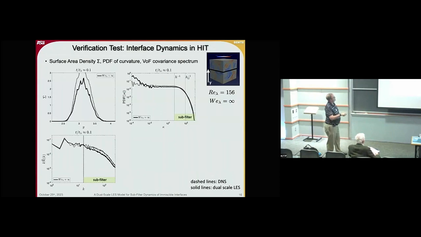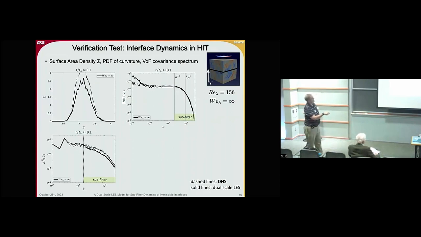So I'm going to show you 3 metrics here. First one is the surface area density. So what you do is you go normal to the initially planar interface and calculate the area density averaged in planes normal to the normal direction.